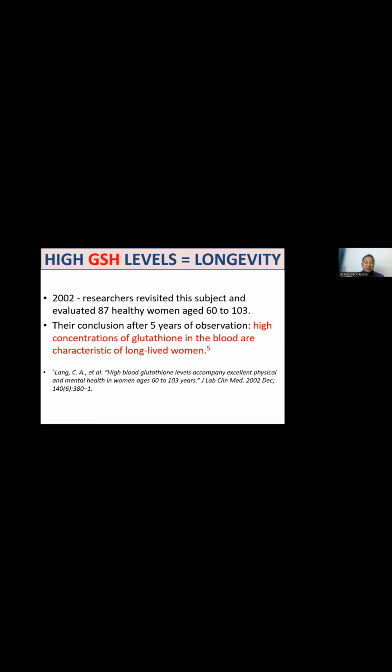Another prospective study followed women aged 60 to 103 for 5 years and found that those who had high concentrations of glutathione in the blood were those who lived long. I mean, they were the last to die.